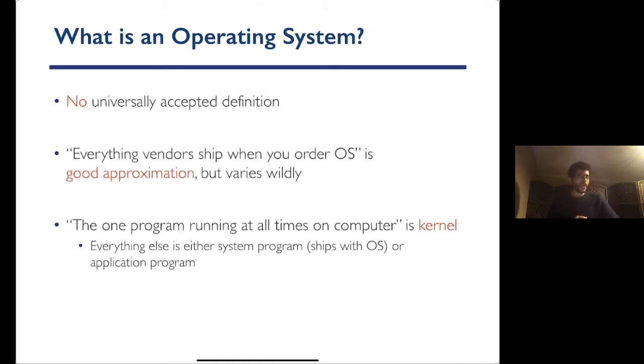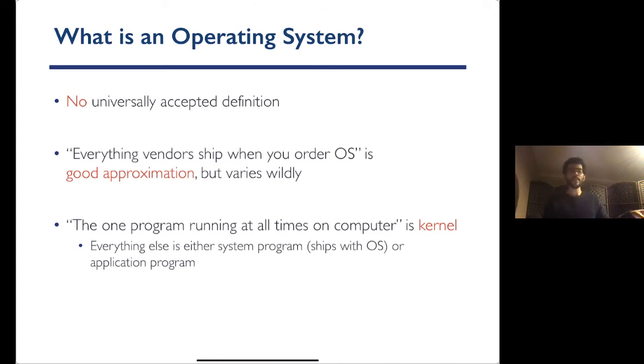Okay, so that's if you want a definition. Now, the one that I prefer, if somebody asks me what is an operating system, is instead of giving them one sentence, to define operating system through what an operating system does. So what does an operating system do? Then we just look at different components in our system and we say, okay, this component does what an operating system should do.